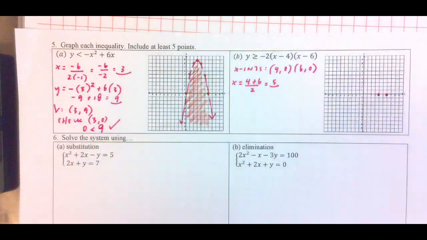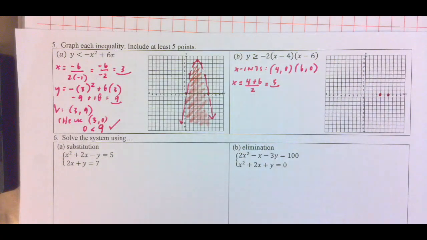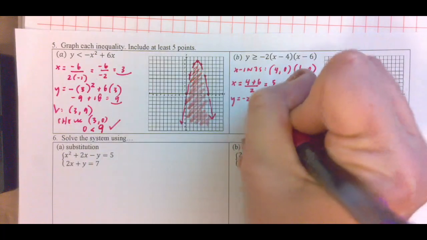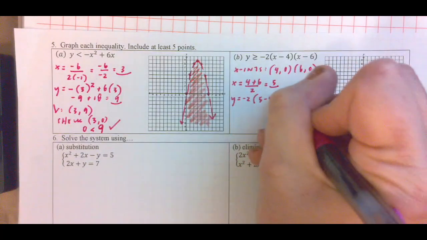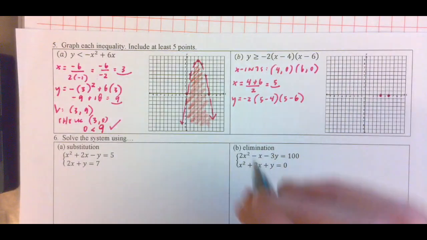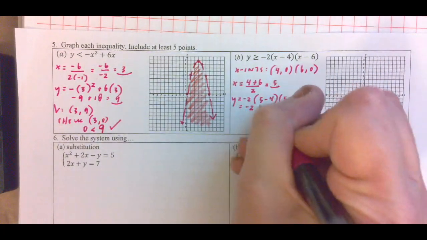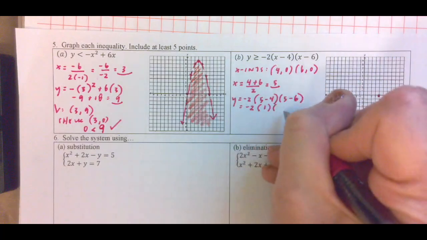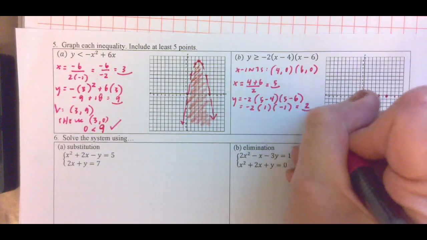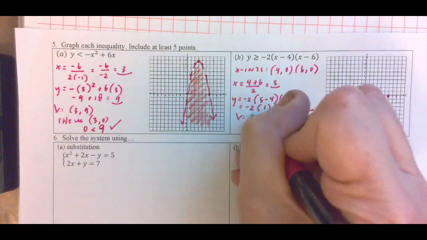Plug back in to get the y value of the vertex. So here we have a negative 2 times 1 times negative 1. It's going to get me a 2 overall. So my vertex is at 5, 2.